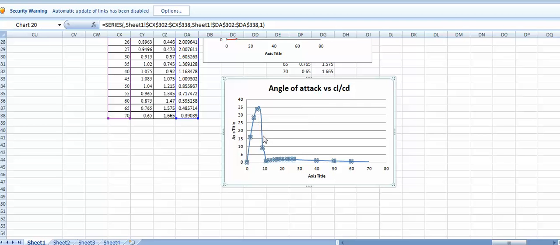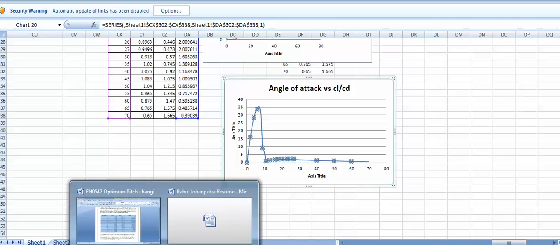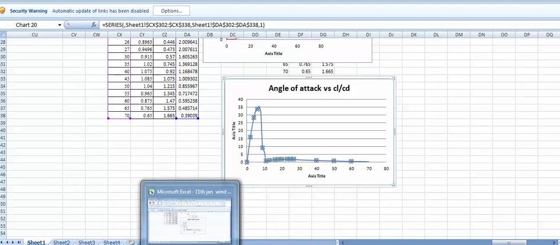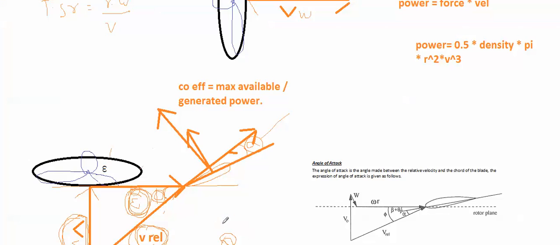After 2-3 degrees it suddenly goes down exponentially, isn't it? So we don't want that to happen. We want our angle of attack to be somewhere around 7 degrees. So the question is, how do we manage to achieve it?